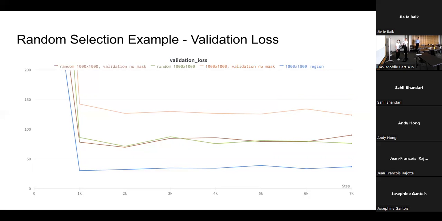Finally, corresponding to the orange curve on the very top, training on a fixed region and validating across the whole image results in the worst validation performance. Our explanation for this finding is that randomly selecting pixels could give us a better capability to cover different features across the whole image. Therefore, when we validate on the whole region, randomly selecting pixels will work better than training on a fixed, non-flexible region.